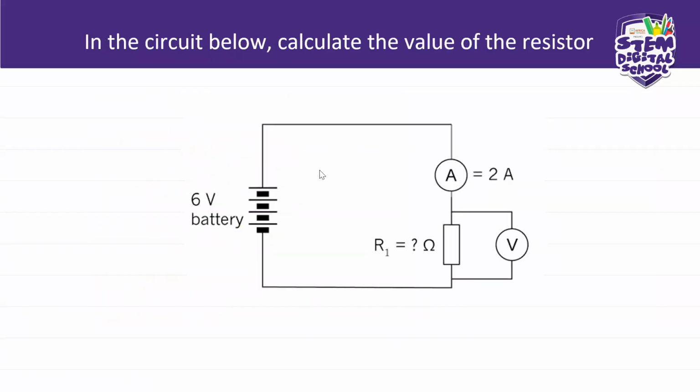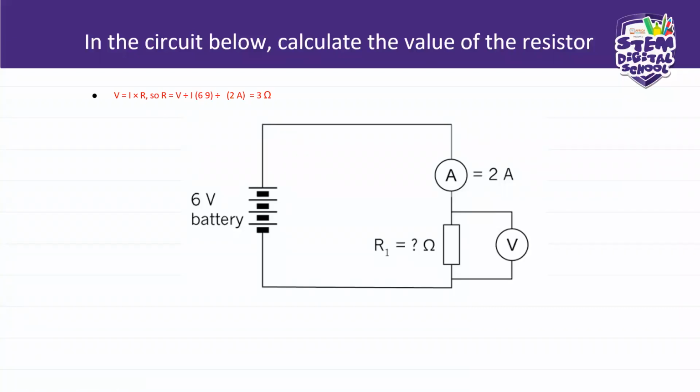This is your circuit. In the circuit below, calculate the value of the resistor. Okay? So your resistance is your voltage divided by your current.